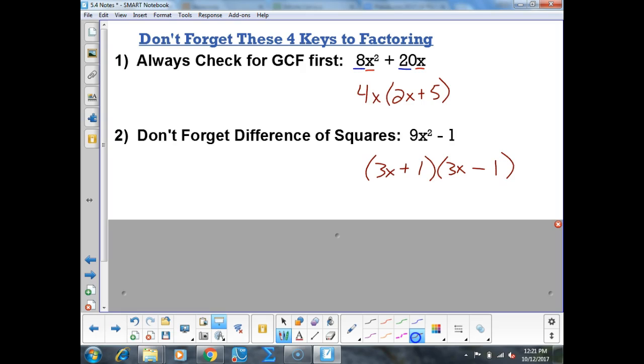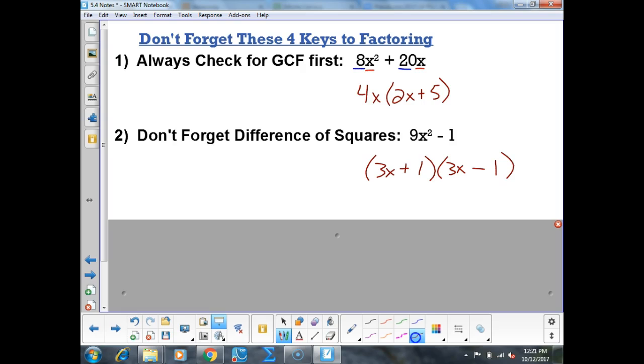Now, sometimes, and this will be a common theme throughout the day, sometimes after you GCF, then it becomes the difference of perfect squares. Or then it would become a factorable trinomial. Or it would become something else.